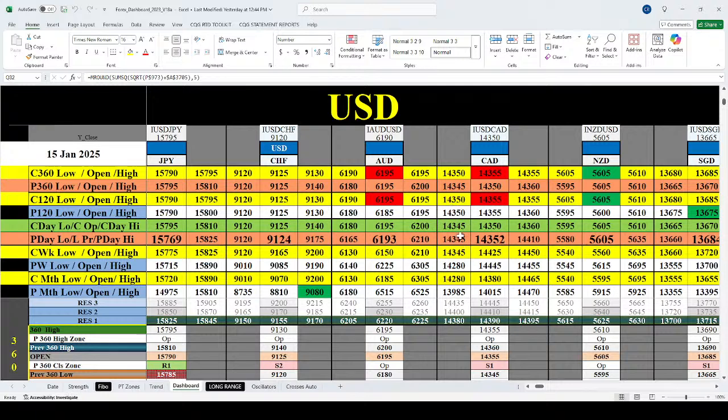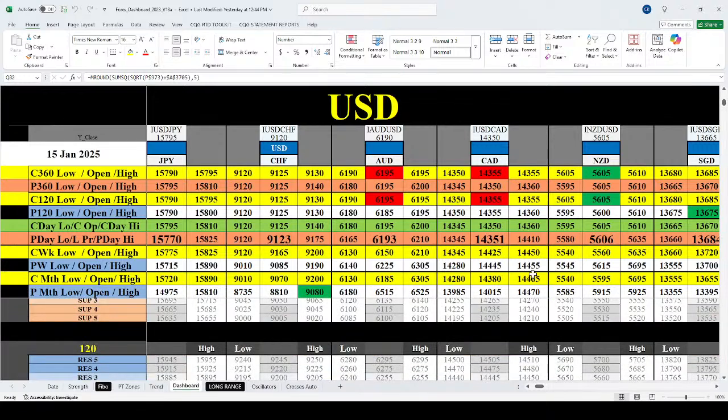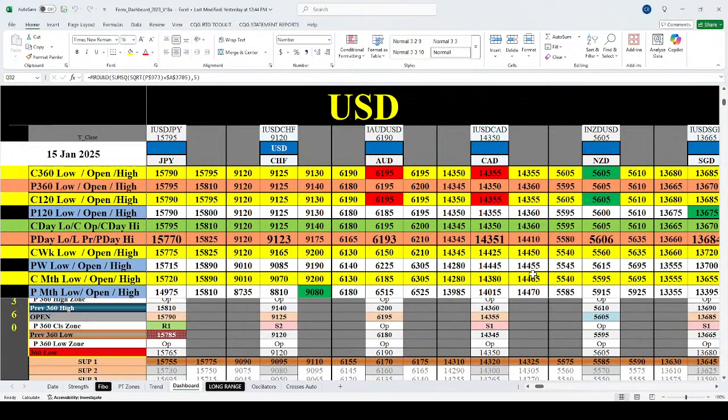So expect this low to break, and we should see the market stabilizing somewhere before or at 142.80. So that should be our focus level, because that is the current month low and the previous week low.